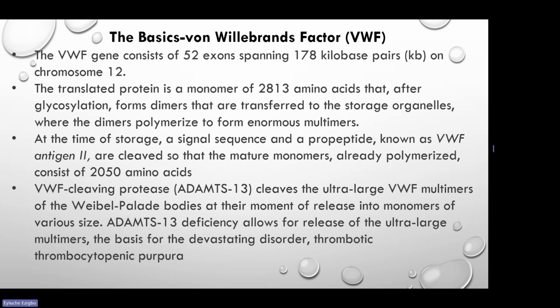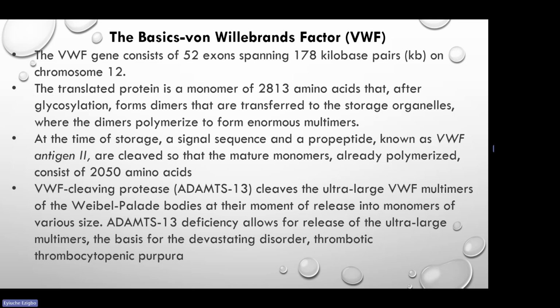The translated protein is a monomer of 2813 amino acids. Then they are released as monomers. After glycosylation, they form dimers that are transferred to the storage organelles, the Weibel-Palade bodies and platelet alpha granules, where the dimers now polymerize to form numerous multimers.